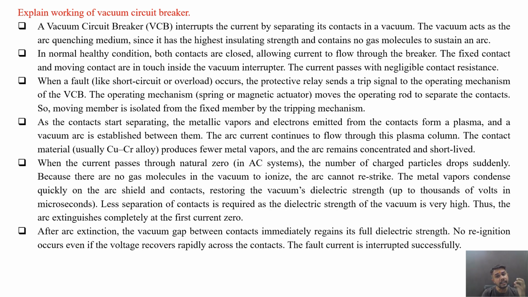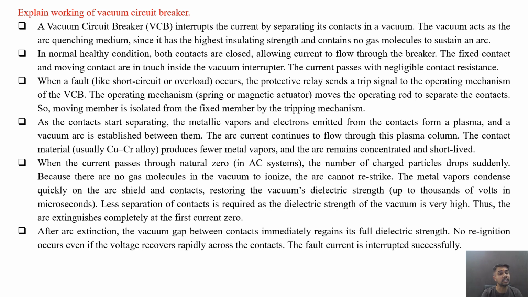The arc current continues to flow through the plasma column, that is in between the fixed contact and moving contact. A space without air, or the separation space or the gap available, is termed as plasma. Now the contact material, usually copper chromium alloy, produces fewer metal vapors and the arc remains contracted and short-lived.